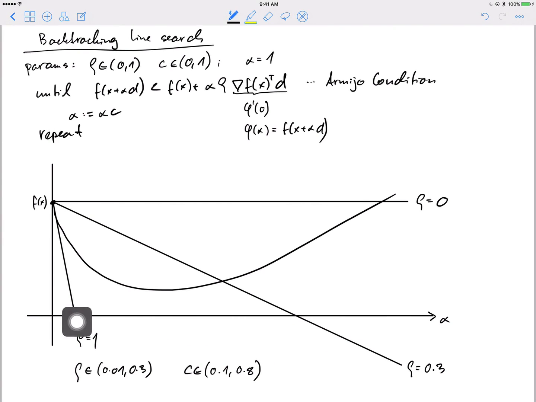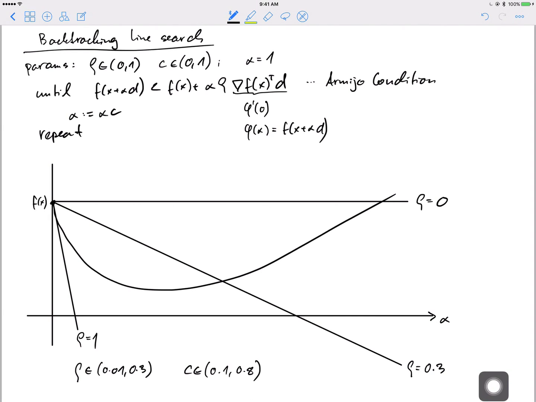You are going to try lots of points here, right? If the c is 0.1, what does that mean? You try one, then you try 0.1, then 0.01, then 0.001, right? So you go to 0 really quickly. So that's a very crude line search corresponding to c equals 0.1, okay?